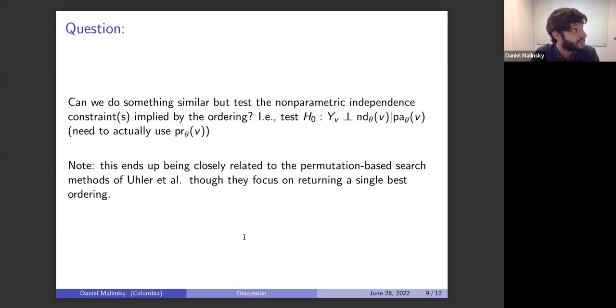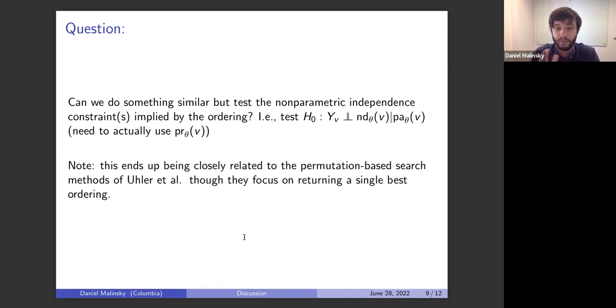Although as I was listening to Sam's talk, I realized this one that I wrote down specifically is probably not the best way to start. So the Markov property for a DAG says that every variable is independent of its non-descendants given its parents. So you might think that for a fixed ordering, I can just use the ordering to try and determine what are the non-descendants and what are the predecessors and do this kind of independence test.